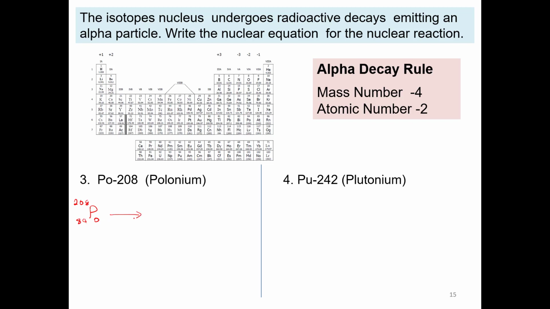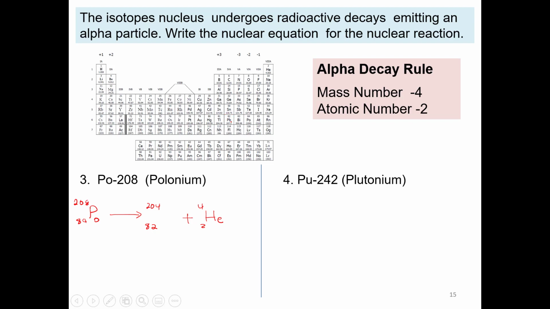Then, according to the rule, the mass number will be reduced by 4. 208 minus 4 will be 204. And we know here we had the alpha particle. And let's see, 82 corresponds to lead.